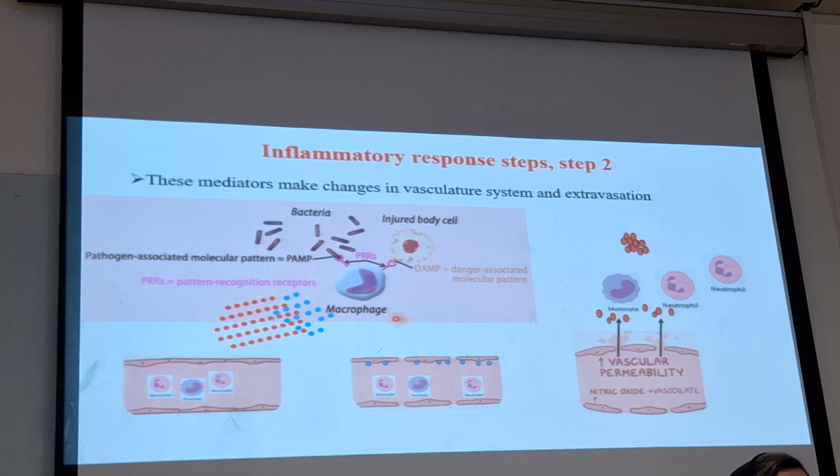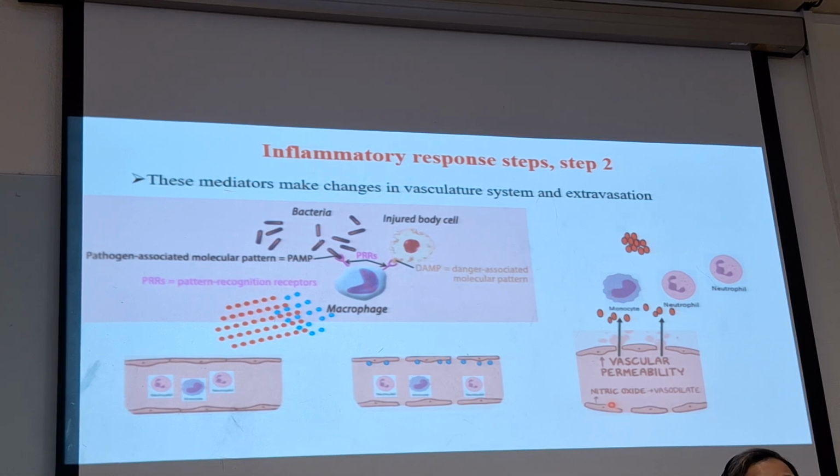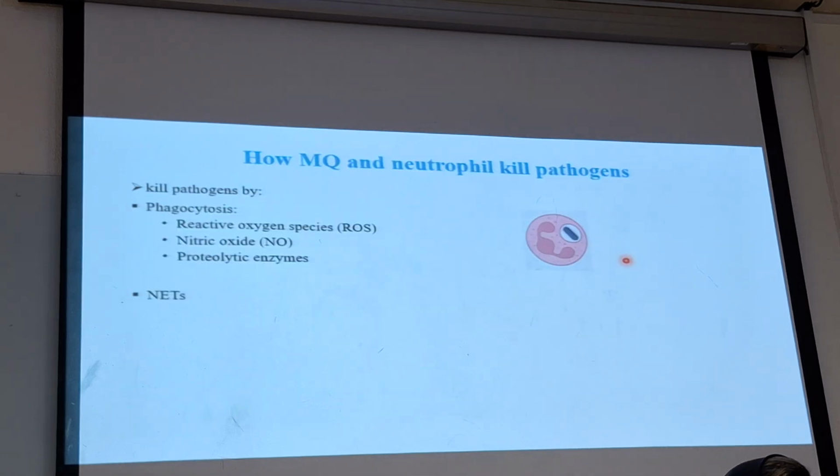So another aim of inflammation, apart from defense against pathogens and killing pathogens, is repairing, okay? So in this way it inhibits bleeding and forms fibrin around the platelet aggregation, and finally these cells, through different mechanisms I told you, kill the pathogens.